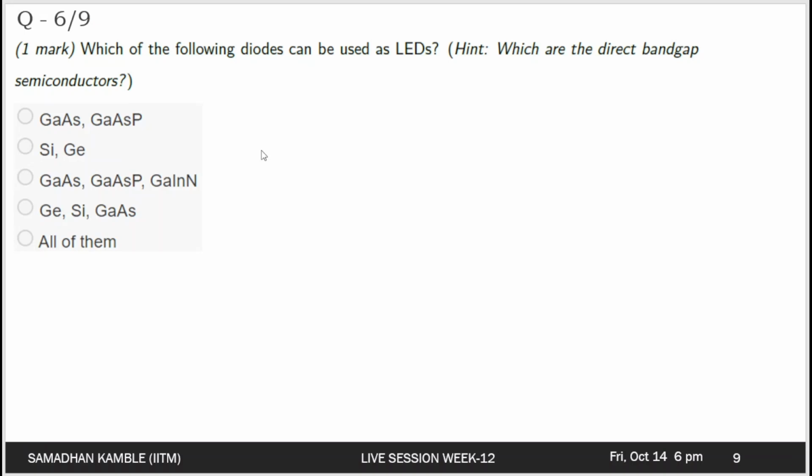So if you analyze why direct band gap semiconductors are essential for LEDs, whether you get energy in the form of a photon, that is light, or not depends on the semiconductor material. There are semiconductors with a direct band gap or an indirect band gap. Band gap is the energy difference between the conduction band and the valence band.